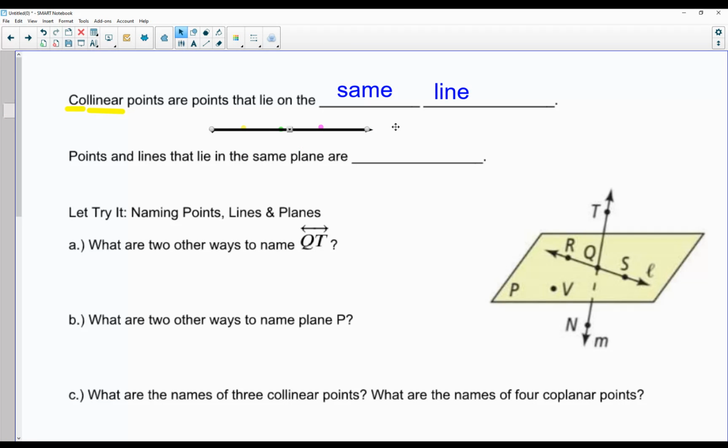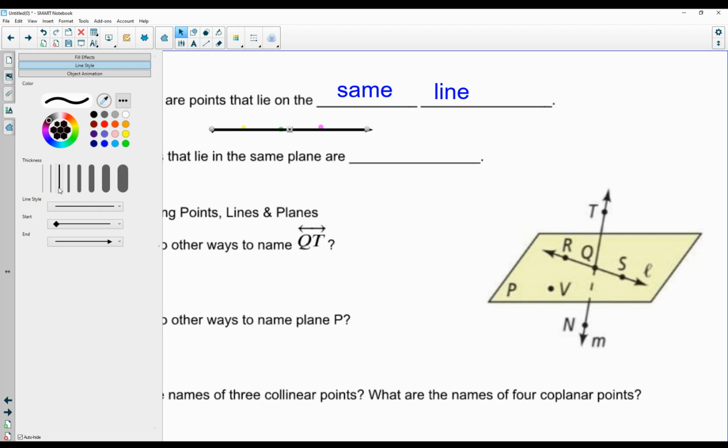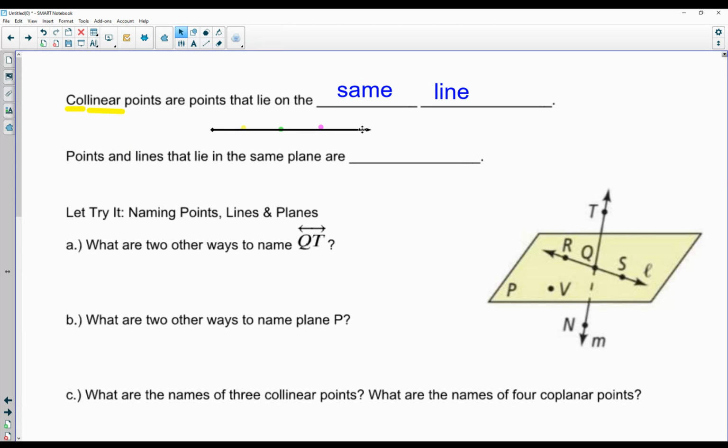Okay, so the green, yellow, and purple dot are all collinear. And the reason why they're collinear is because they're all along the same line. As soon as one pops off, now they don't become collinear. They're called non-collinear points. So collinear, they're all on the same line.